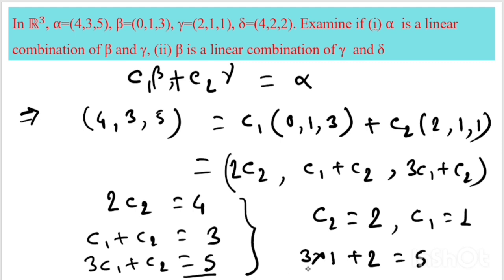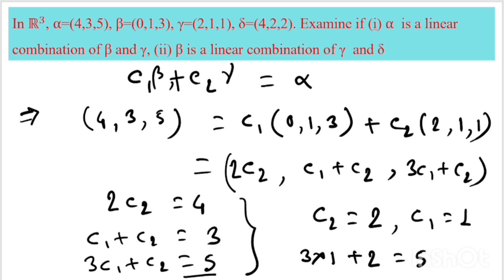So we can say that for the scalars 1 and 2, alpha is a linear combination of beta and gamma. I recommend that in the exam you cross-check and verify whether your answer is correct by putting the values of c1 and c2 here and calculating, and you will get alpha itself.